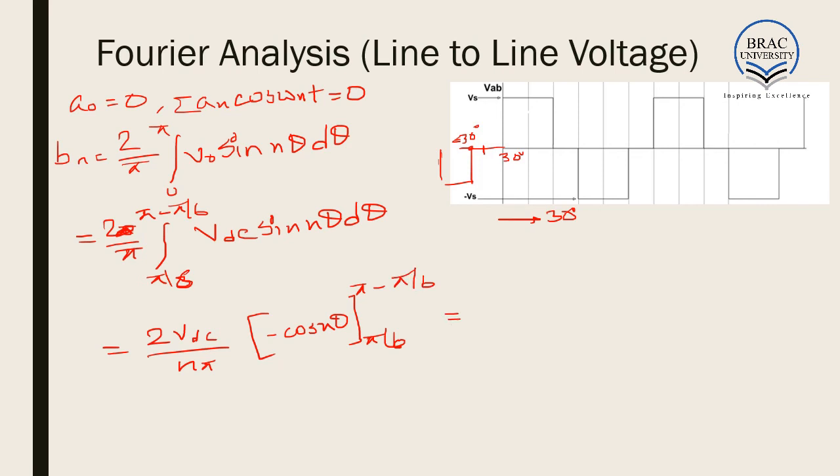It can be written as 2 VDC by n pi, cos n pi by 6 minus cos n of pi minus pi by 6.